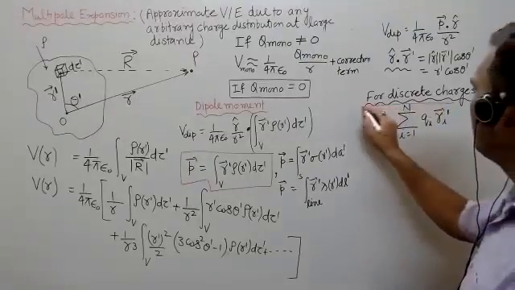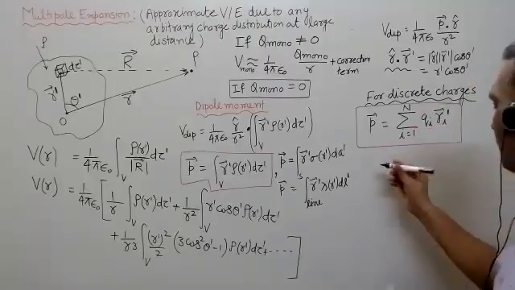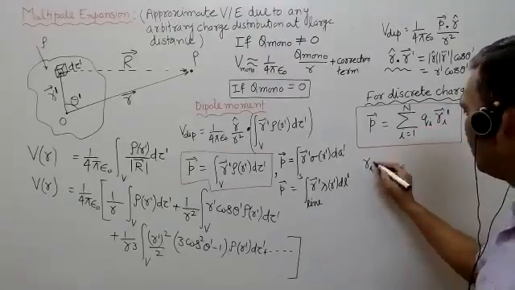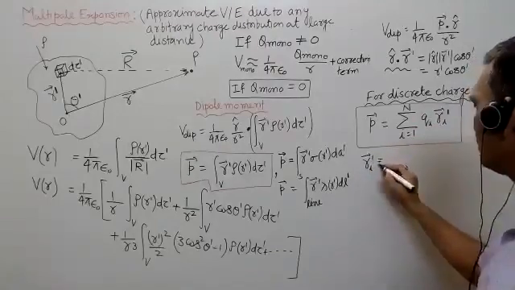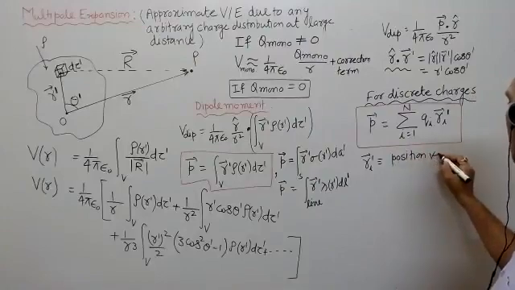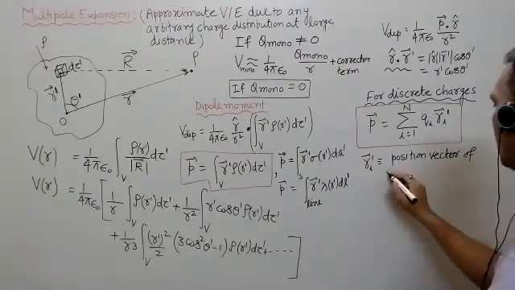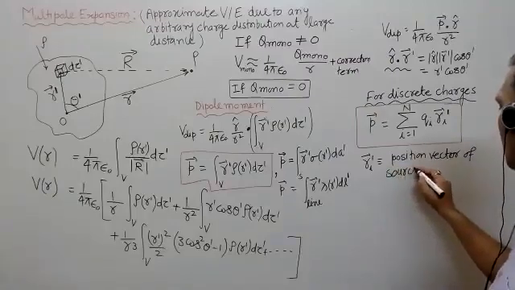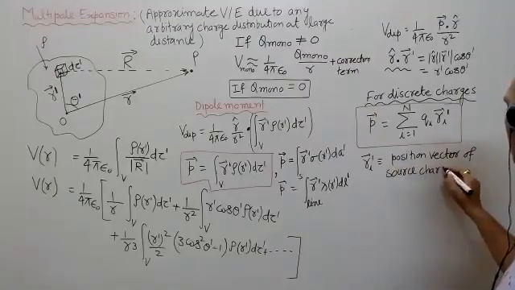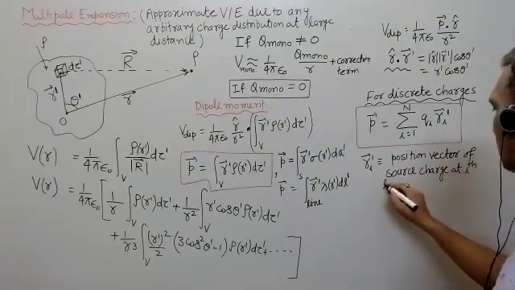I have written dipole moment here. Ri dash I have already discussed. Ri dash is the position vector of the source charge at the ith location.